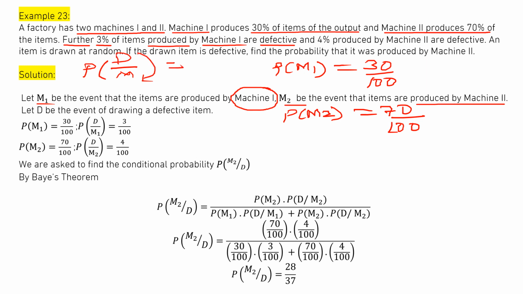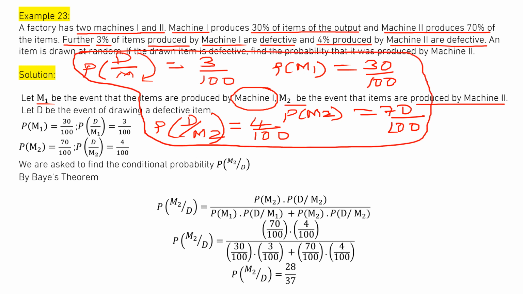Probability of D given M1 is equal to 3%, that is 3 by 100. Okay, 4% of items produced by machine 2 are defective. That means you already chose machine 2. Out of machine 2, how many items are defective? That is given by 4%, which is 4 by 100. Okay, so these are the four important events.